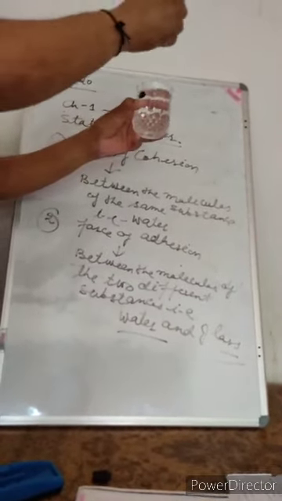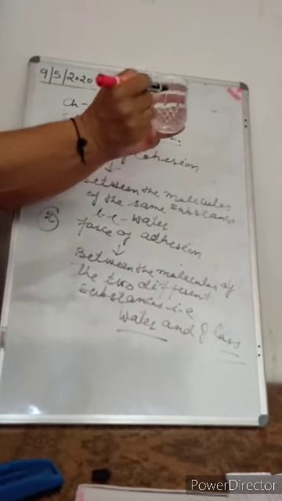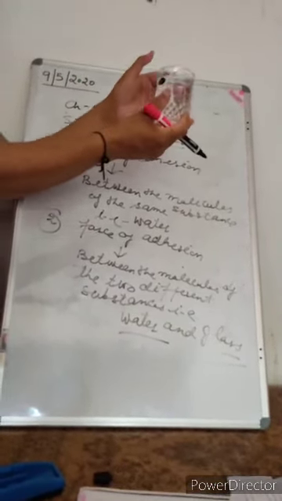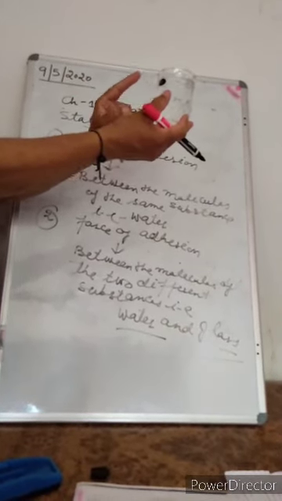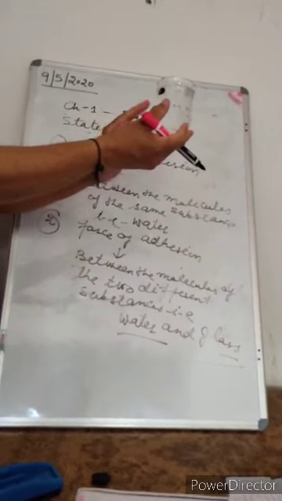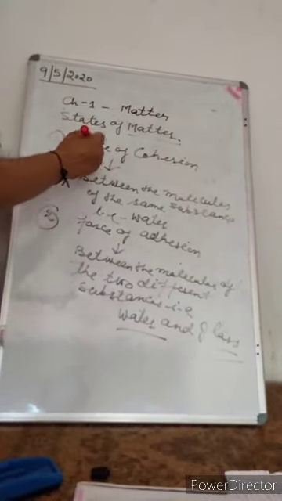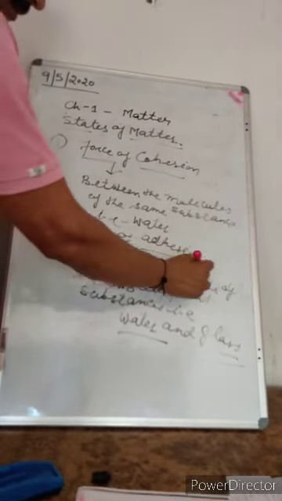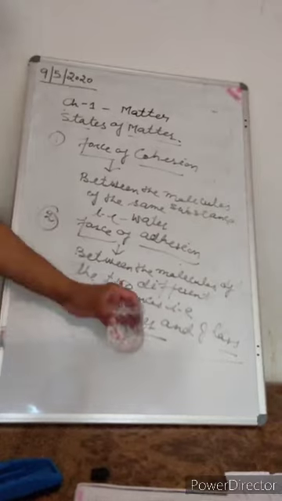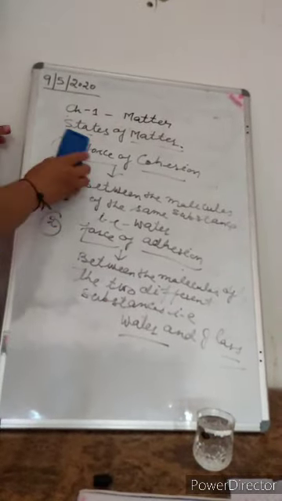Like here the water is poured in the glass, so the force of attraction between the molecules of the water and the glass, that is known as force of adhesion. So students, there are two types of force, don't forget. One is force of cohesion, another is force of adhesion. Now move to the next.